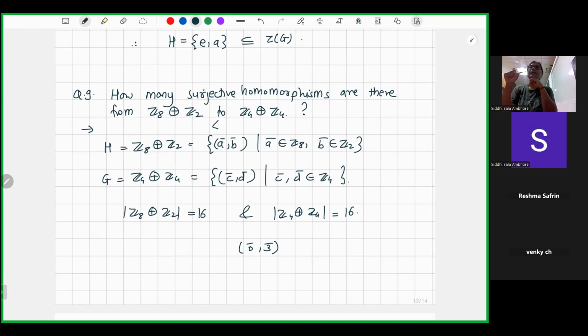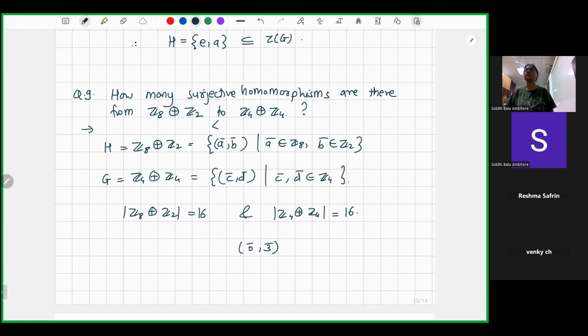Note that the moment I have surjectivity here, I will also have isomorphism here because both of these are of the same size. So the moment I have one surjective homomorphism, that will give me an isomorphism between these two sets, because these are sets of the same cardinality.